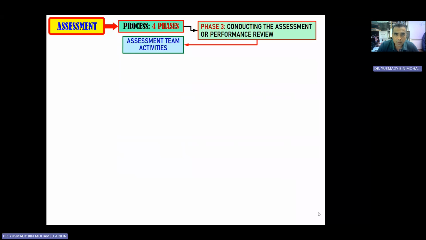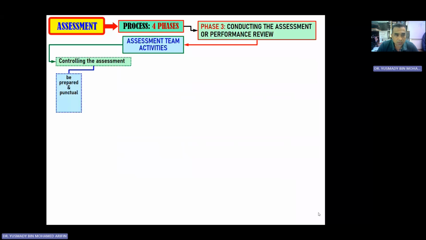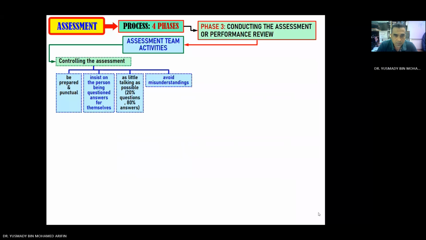So still under assessment team activities, such as controlling the assessment. In order to conduct the activities involved with controlling the assessment, we need to be prepared and punctual, insist on the person being questioned answering for themselves, with as little talking as possible, which is referred to as 20% question, 80% answer.